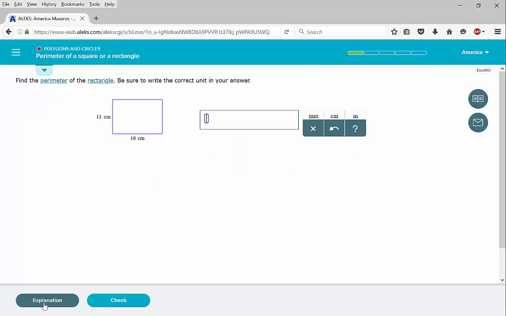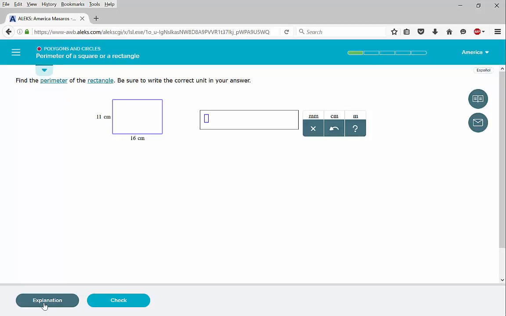Let's do another one. Okay, so this one's not a square, it's a rectangle. But I remember what I saw before, that the top and bottom are the same length, and the left and right are the same length. So the perimeter is going to be 11 plus 16 plus 11 plus 16.